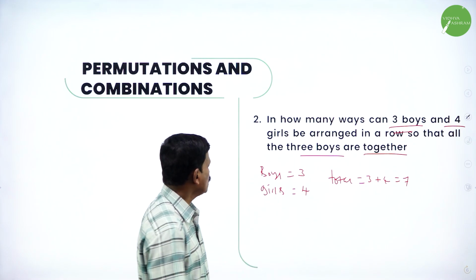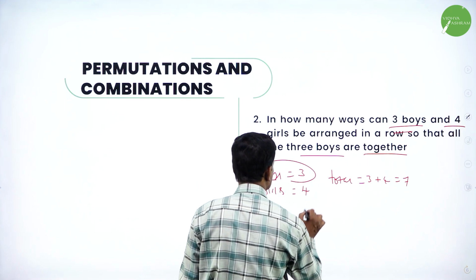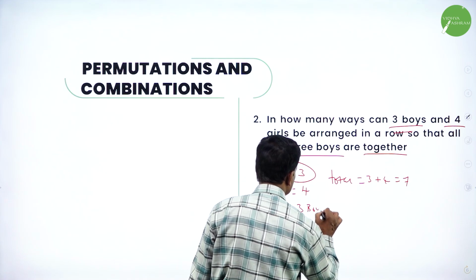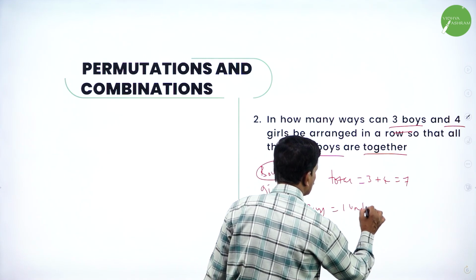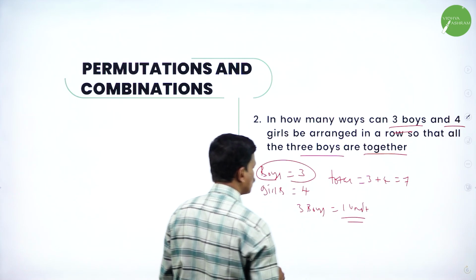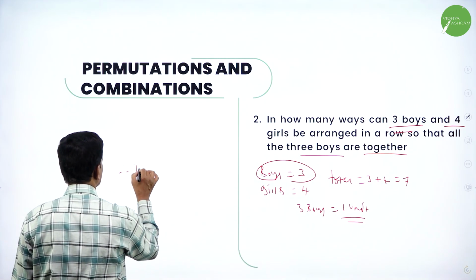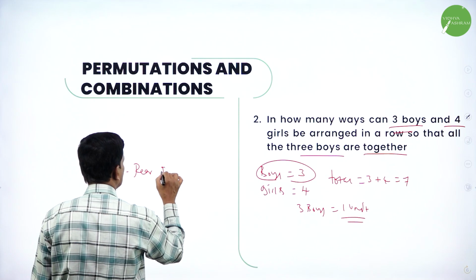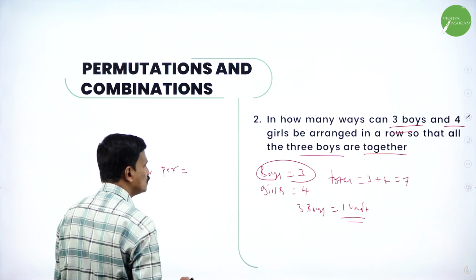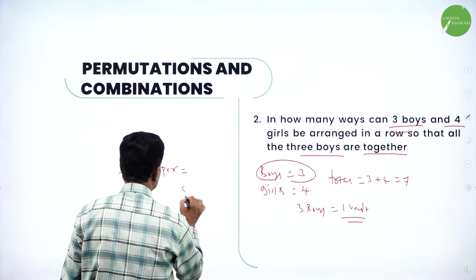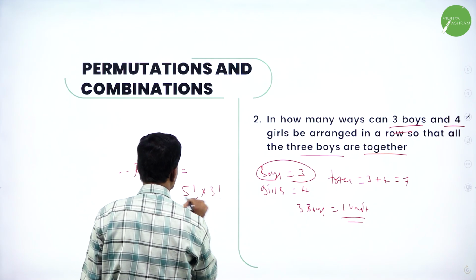Now very simple. Let us consider these 3 boys as one unit. Consider 3 boys as one unit. So then 4 plus 1 is 5 units. Therefore the required permutation is equal to 5 factorial into 3 factorial. That's it.